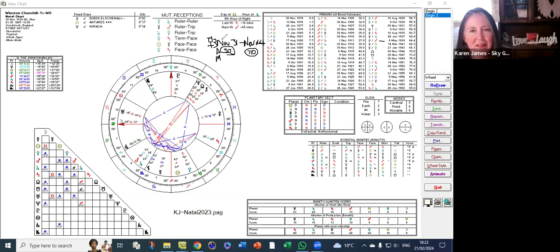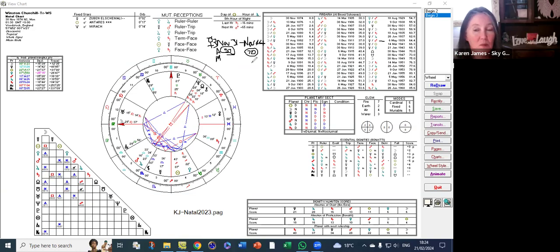So that indicates to us that this is a really important Firdaria from 31 to 44. And so I'll say to the person, you are currently in this broad theme of it's related to yourself, it's related to your communication, it's related to your identity, it's related to your career.